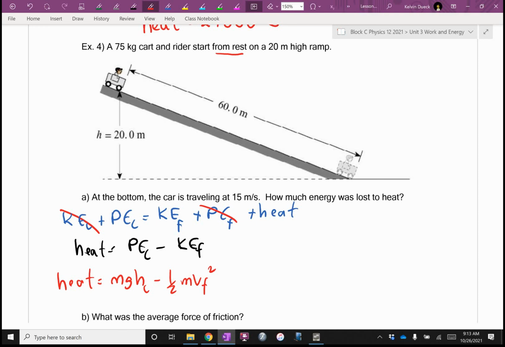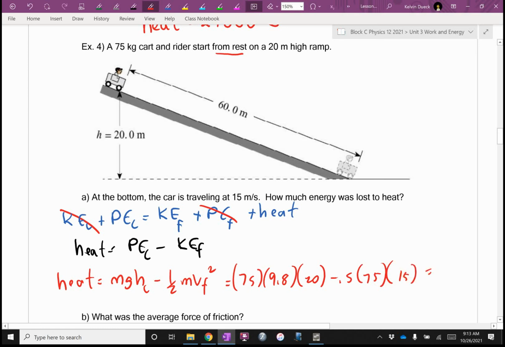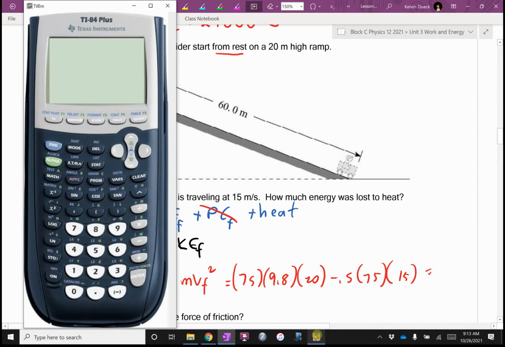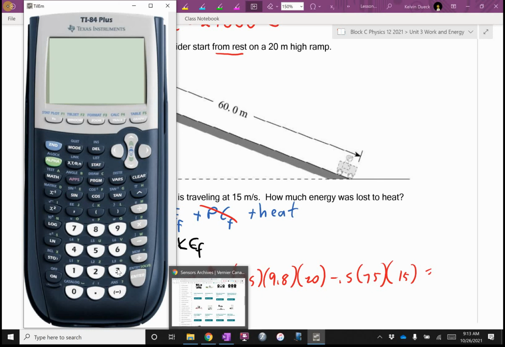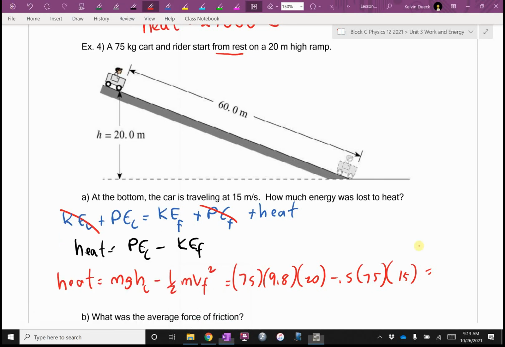Do the m's cancel, Shay? Okay. It's going to be 75 times 9.8 times 20 minus 0.5 times 75 times 15 squared. Oh, squared.